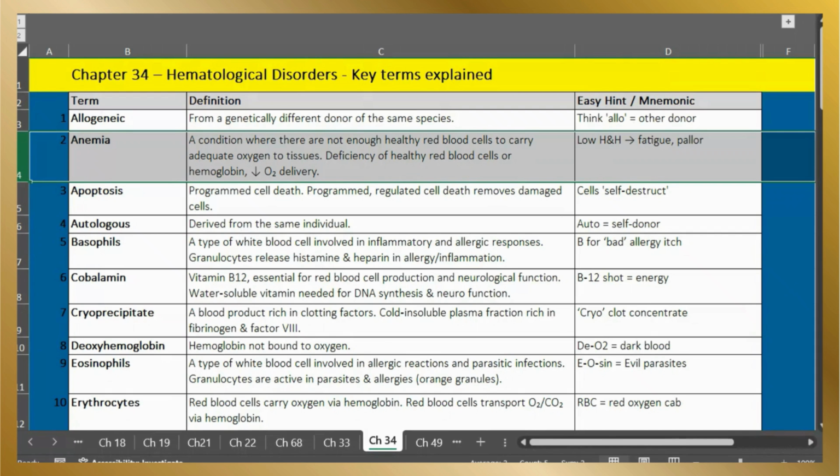Low means fatigue, pallor. So think that all of the anemias that are from the red blood cells have common signs like fatigue, pallor, and shortness of breath. Most of it is in the outline. I'm going to the next video.